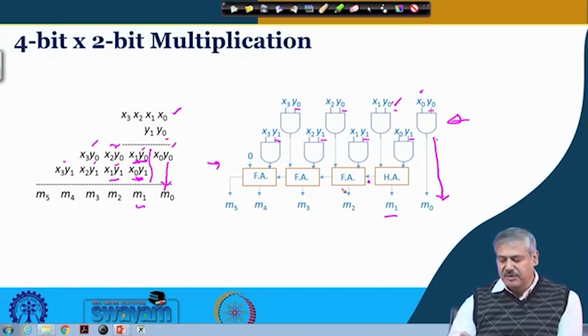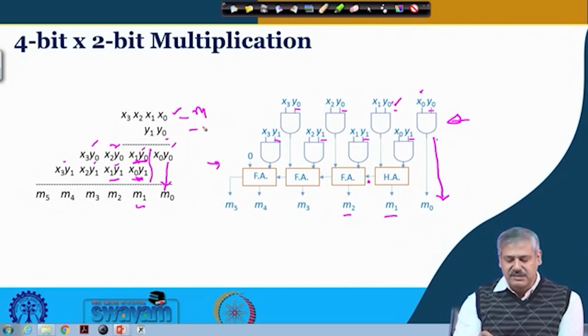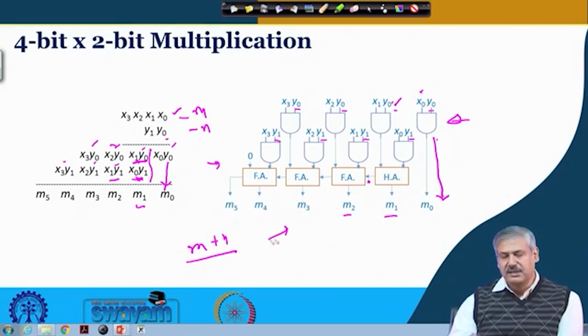So, this is coming as carry from the previous stage and this output will be m2 and so on and so forth. This is the way it will go on. So, if the number of bits over here is m and this is n, the total m plus n bits are possible in the product. Okay, so this we understand.